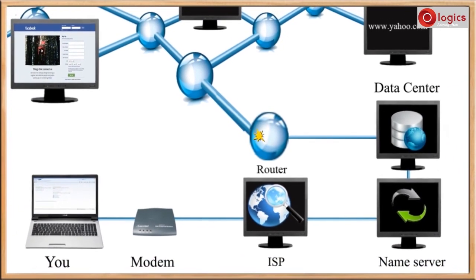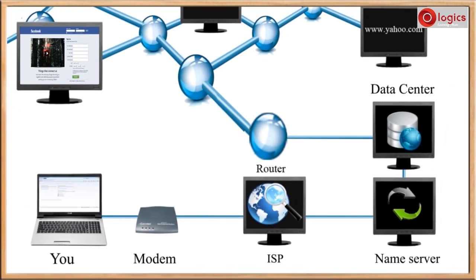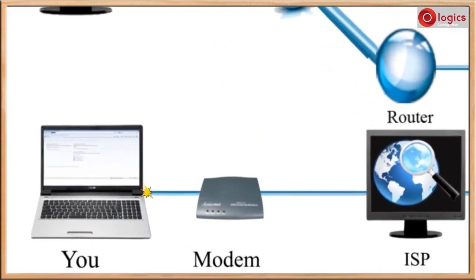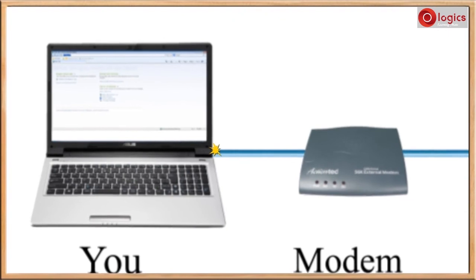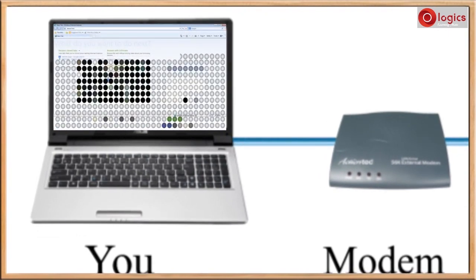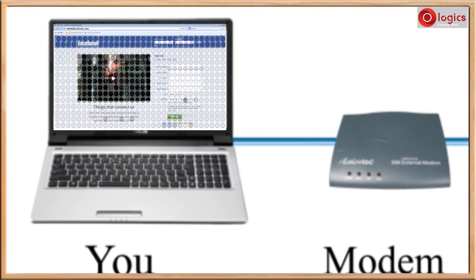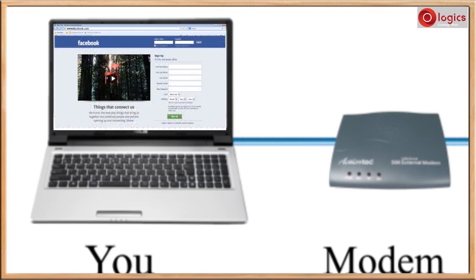Now the response is coming back to your computer. All the received data packages are converted into a web page by your web browser. See, the requested Facebook web page appeared on your computer.